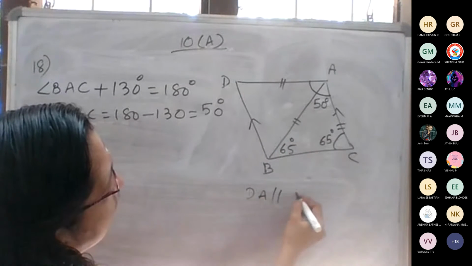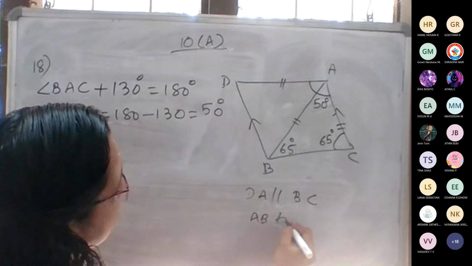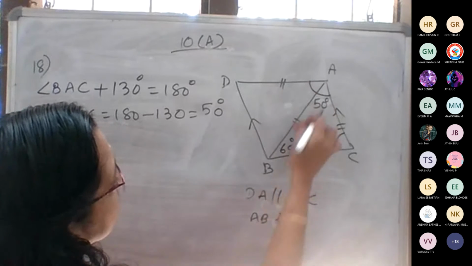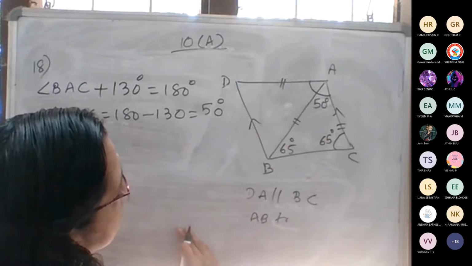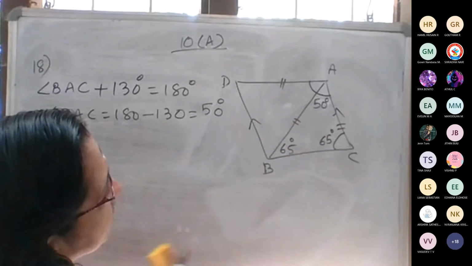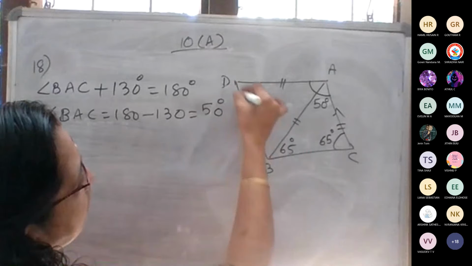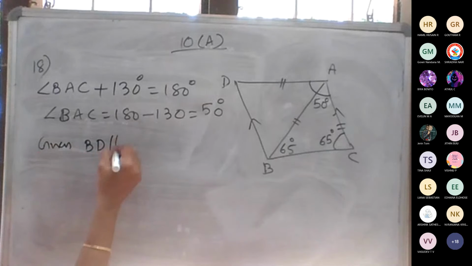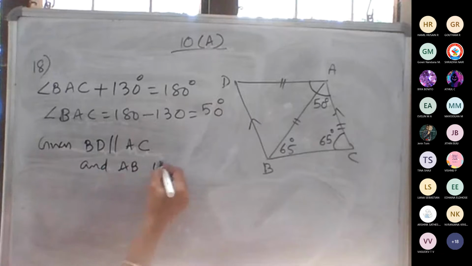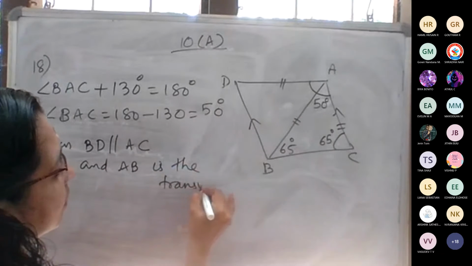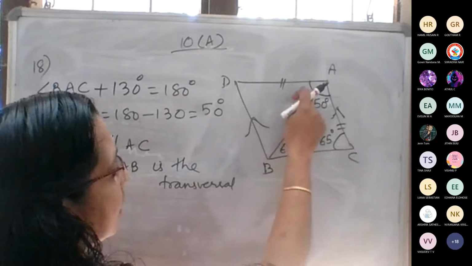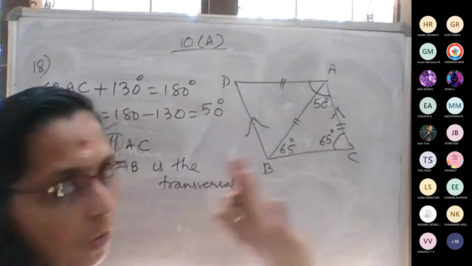DA parallel to BC with AB as the transversal; but since this is not a parallel line, we can't write this as alternate angles. Just turn your book. These two are the only parallel lines given. Which are the parallel lines? BD is parallel to AC only, given, and AB is the transversal. These two are the parallel lines. AD and BC are not parallel.